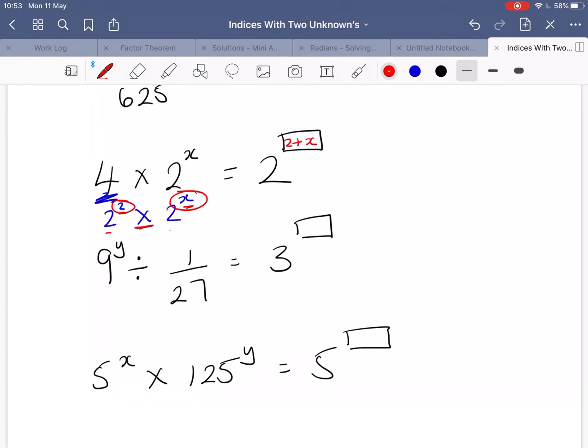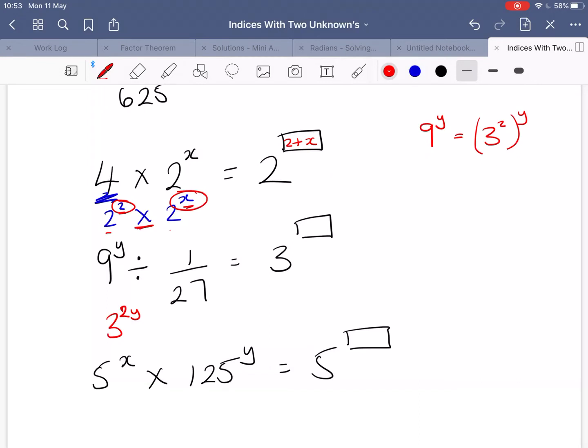Right, so now let's have a look at the next one. I've got 9 to the power y divided by 1 over 27. Well, I've actually got to think about both of these to begin with. So the first thing I've got to think about is this 9 to the power y. Well, that is 3 squared to the power y. And so that becomes 3 to the 2y, 3 to the power of 2 times y.